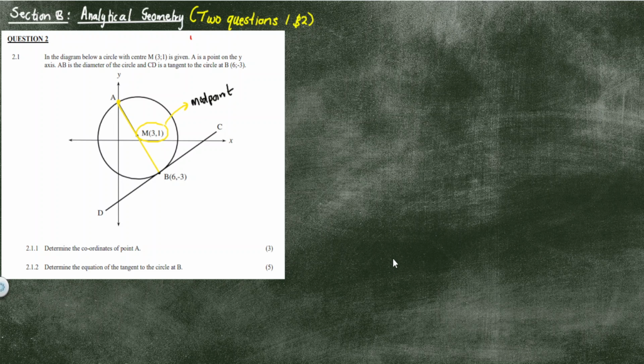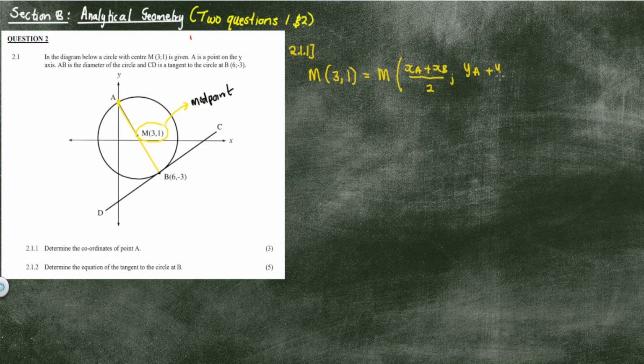Now, in order to get our coordinates A, we use the midpoint formula. So like 2.1.1, we're gonna say M is 3 and 1. This is equal to M, it's XA plus XB over 2.